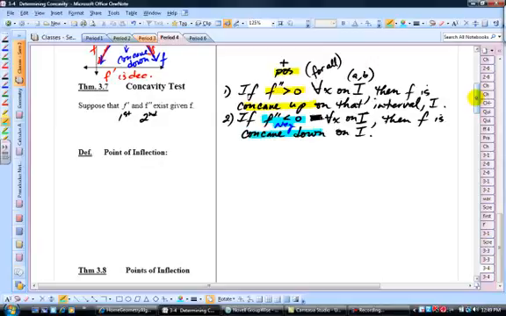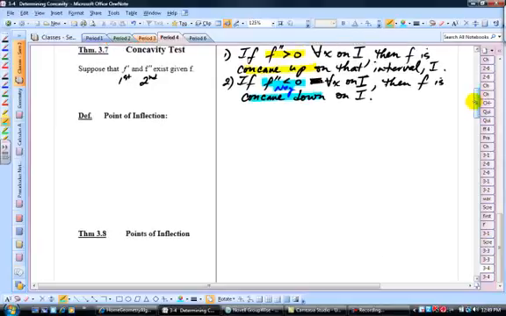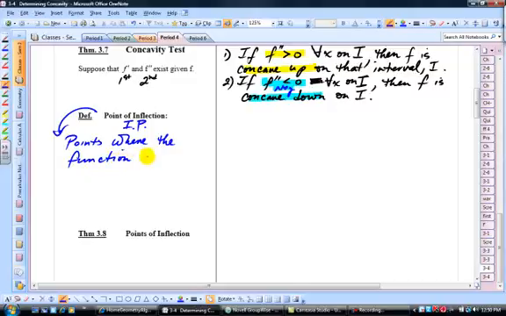Now we also have something called a point of inflection, or inflection point. I abbreviated that IP, inflection point. Inflection points are points where the function changes concavity.